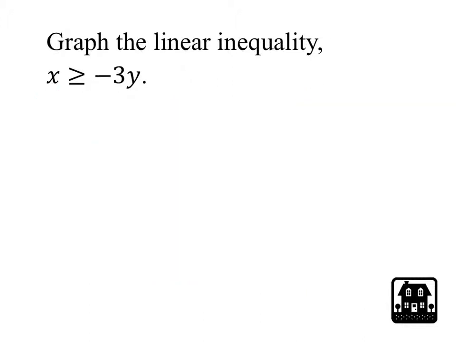Here's a case where we have a linear inequality that actually goes through the origin. We want our formula y is something mx plus b. So we're going to switch the -3y to the other side. That means when we move it, we have to switch the direction of the inequality.